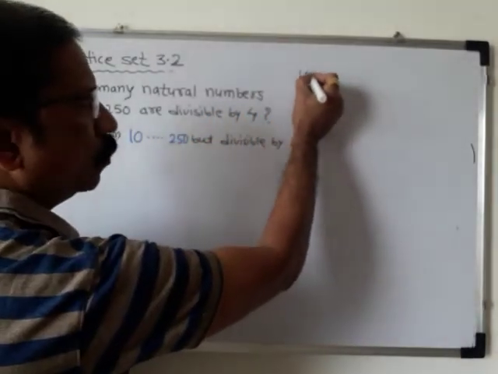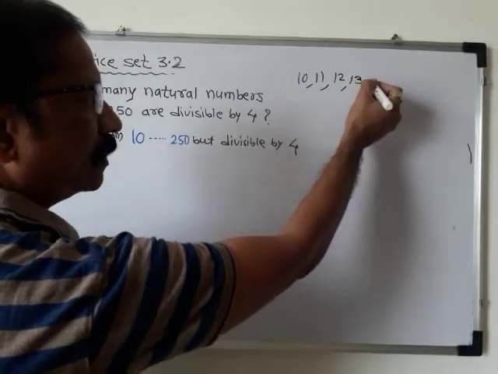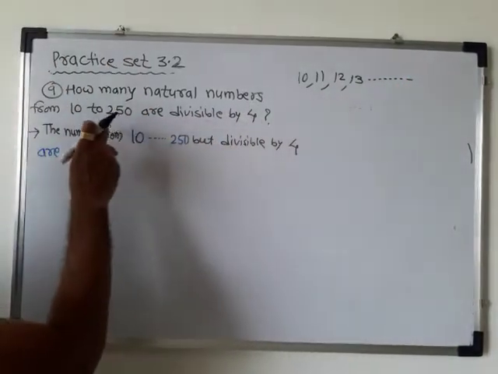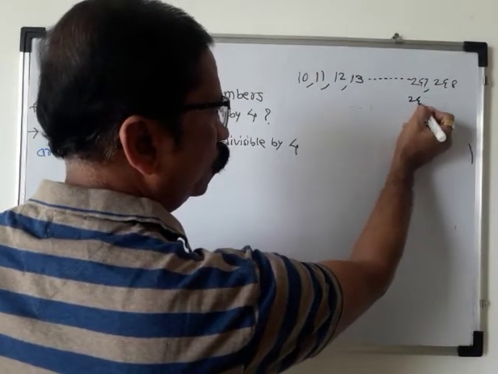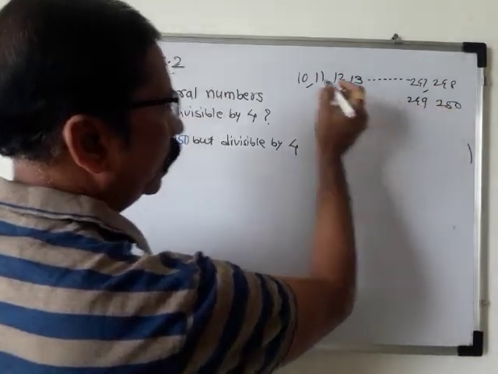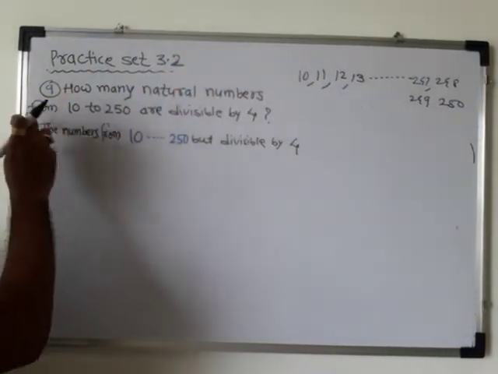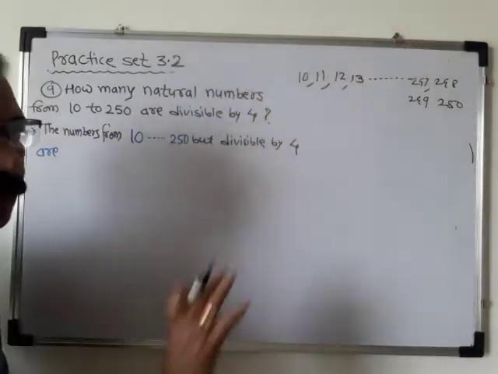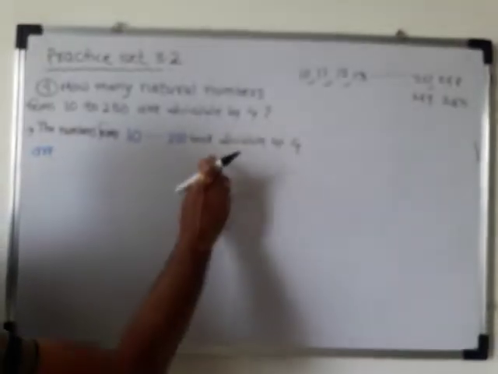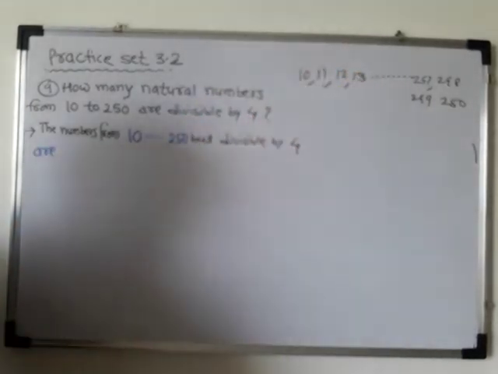Means the number starts from 10, 11, 12, 13, these are the natural numbers up to 250, that is 247, 248, 249, 250, like this roughly. This is the sequence. So you have to select the numbers from that arithmetic progression, but the condition is given, divisible by 4. So which are the numbers divisible by 4?